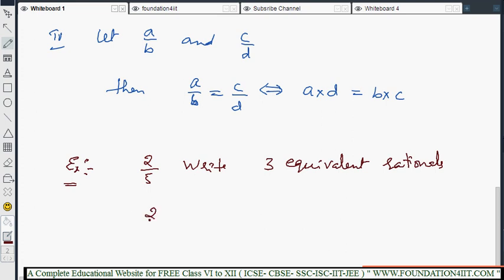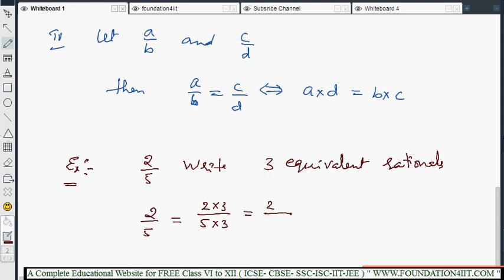Now take 2 by 5. According to the first property we can multiply the numerator and denominator by any number. 2 by 5 into 3 into 3. The same number should be multiplied for the numerator as well as the denominator.